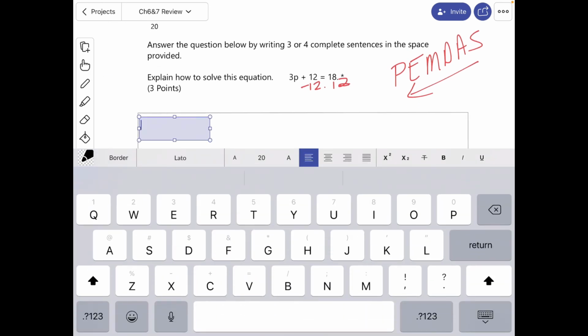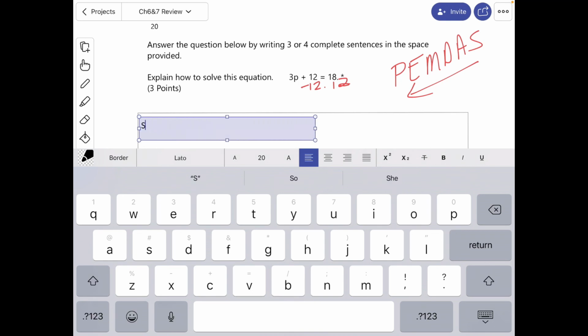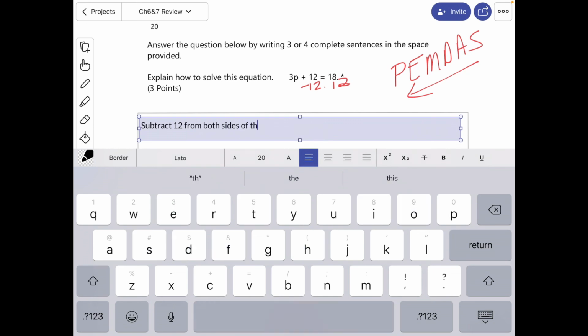So that's what I'm going to write. Subtract 12 from both sides of the equation.